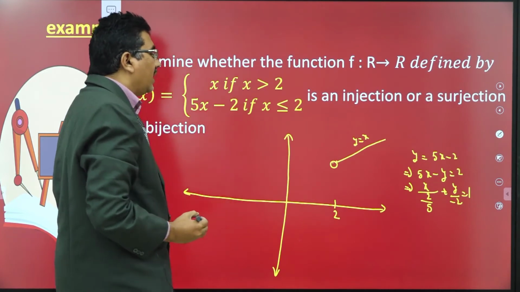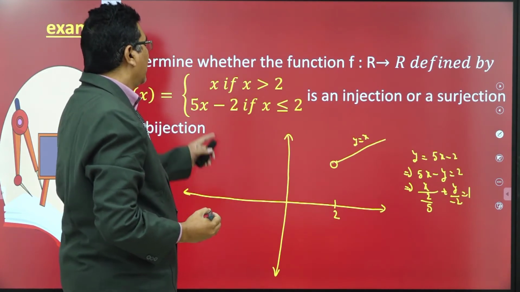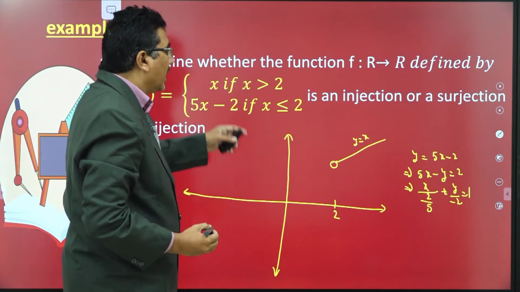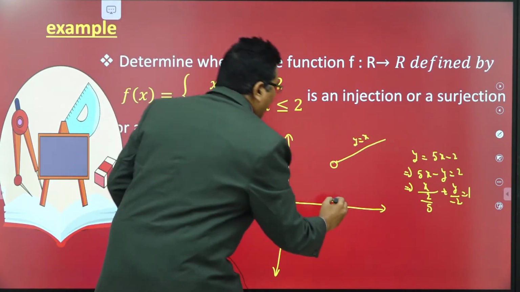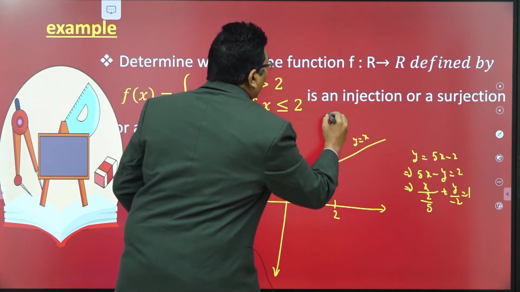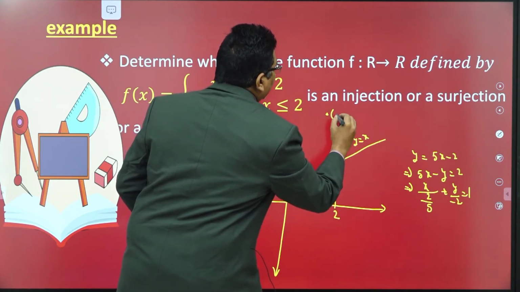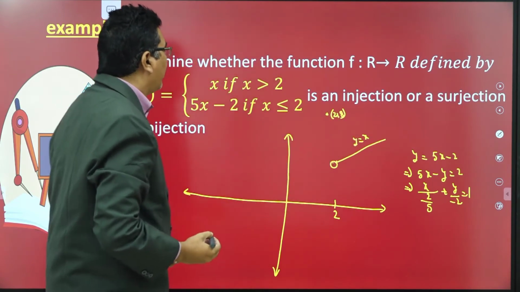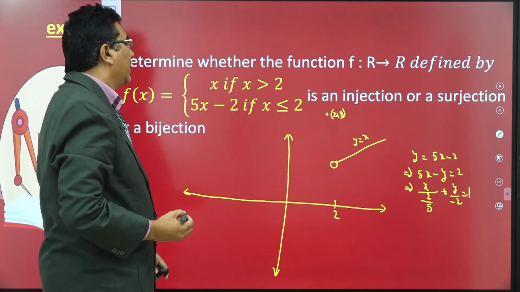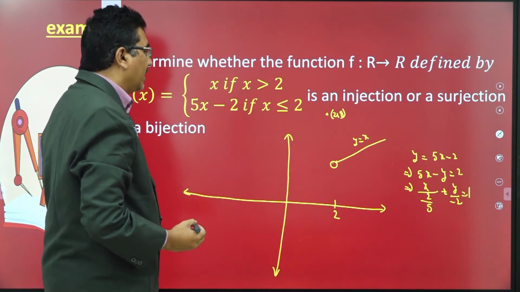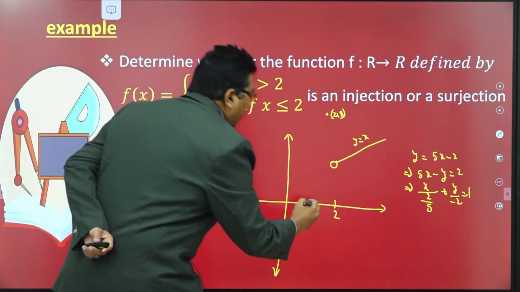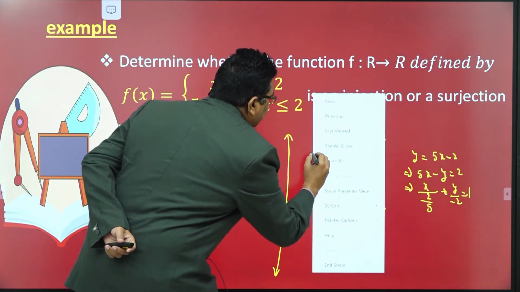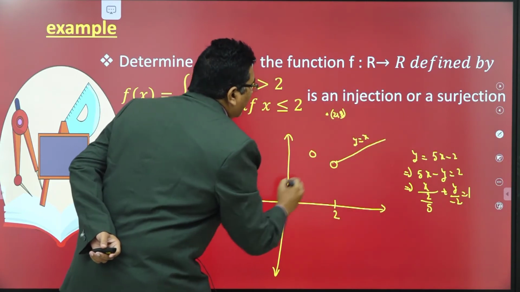If x is equal to 2, y is equal to 8. Suppose this is the point 2 comma 8. If x is equal to 1, y is equal to 3. This is the point 1 comma 3.